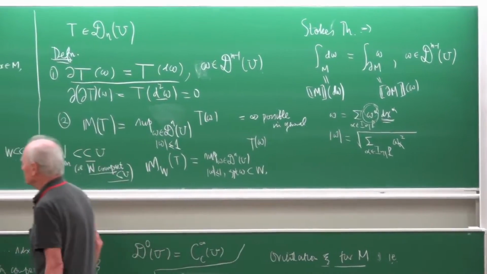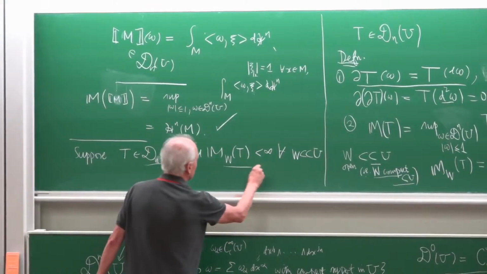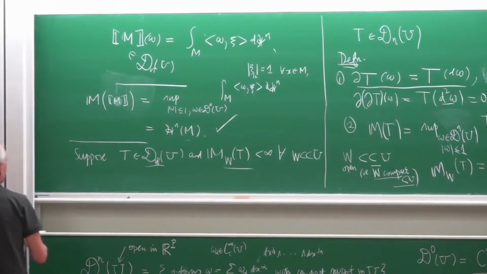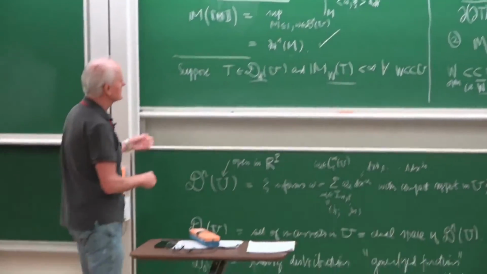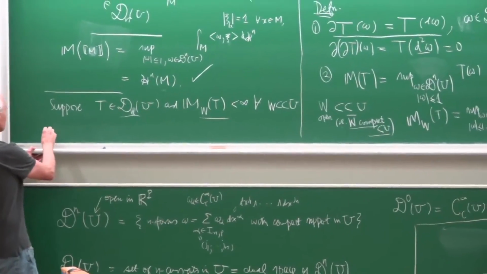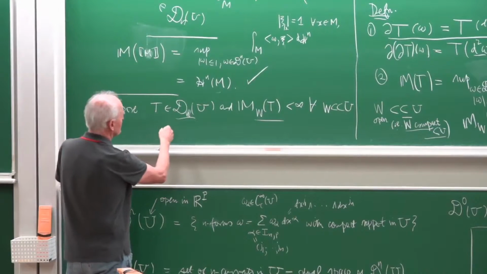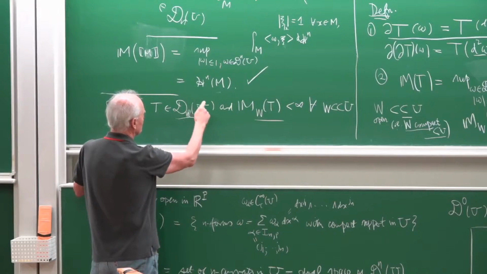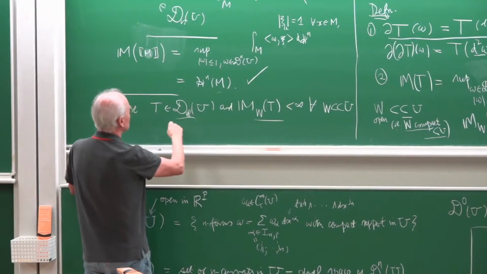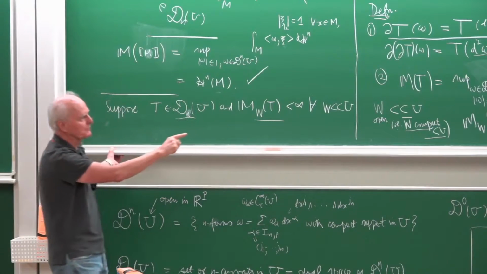Okay, so suppose that we've got one of these T's with this, and let's see what that tells us. Well, in this case, the first thing is that you can extend T to be well defined on the space of all continuous forms. T is defined on the space of smooth forms with compact support.